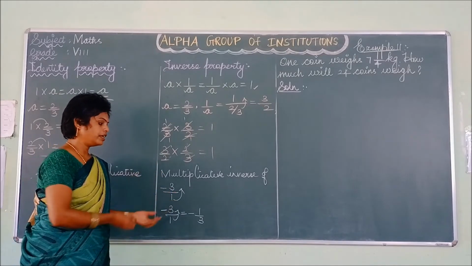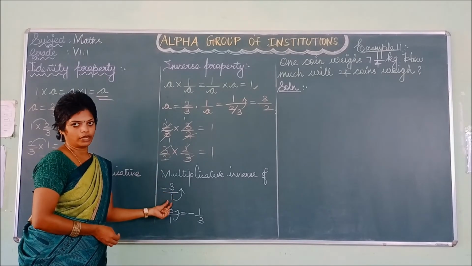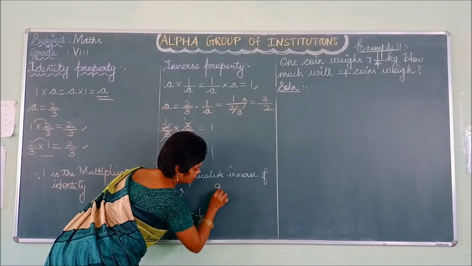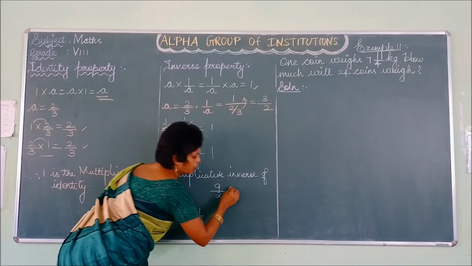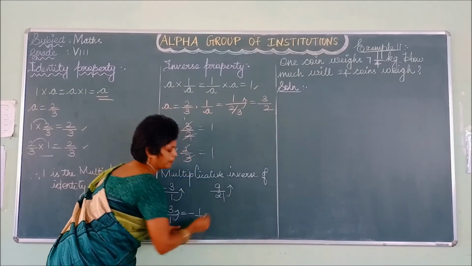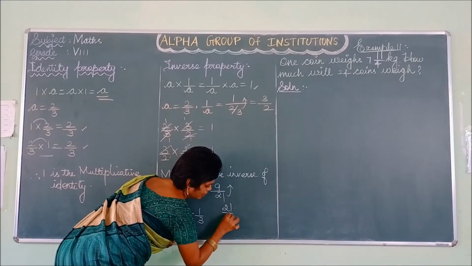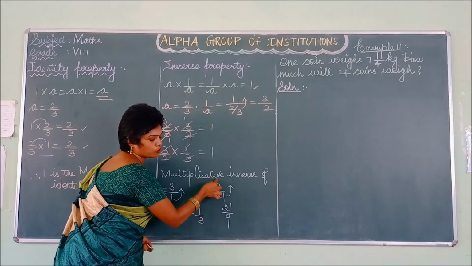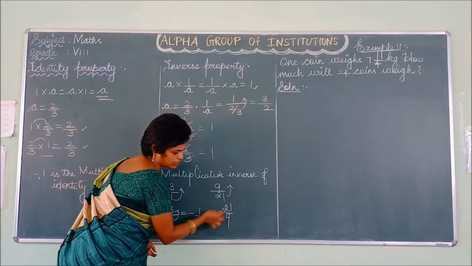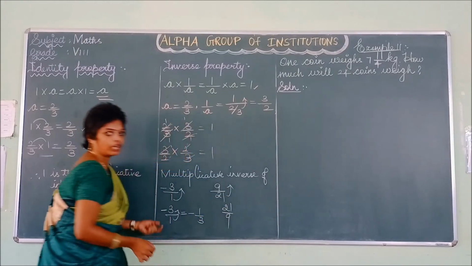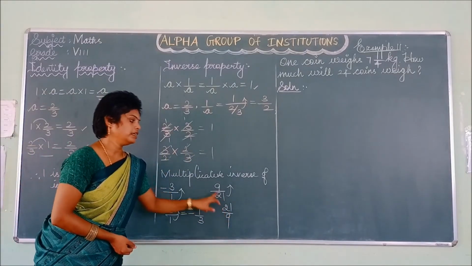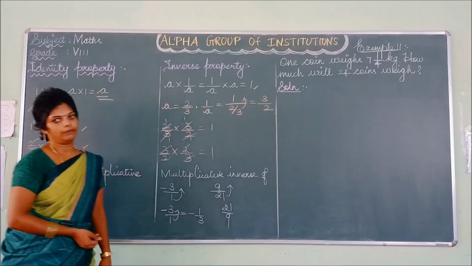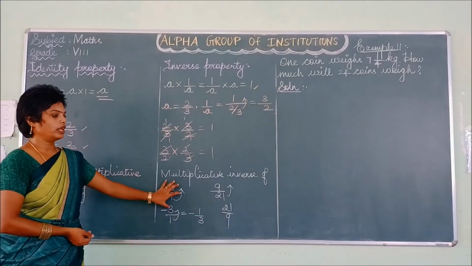So if they give simply 3, put 1 as the denominator. Otherwise, if they have given 9 by 21, you can change it to 21 by 9. The denominator goes to numerator, numerator comes as denominator. If you want to cancel, you can cancel or else write as it is. So 21 by 9 is the multiplicative inverse of 9 by 21. So this is one example.